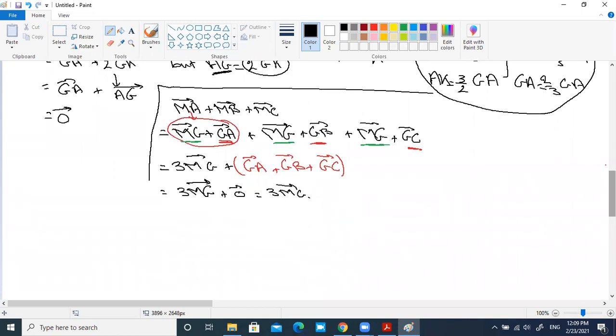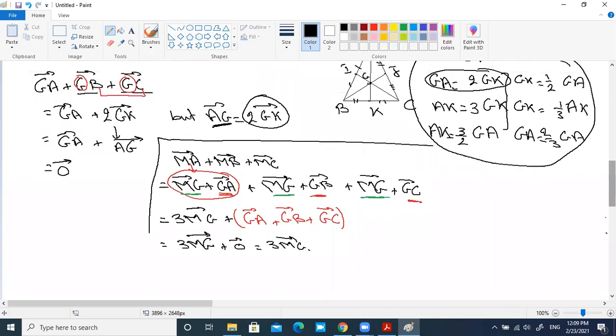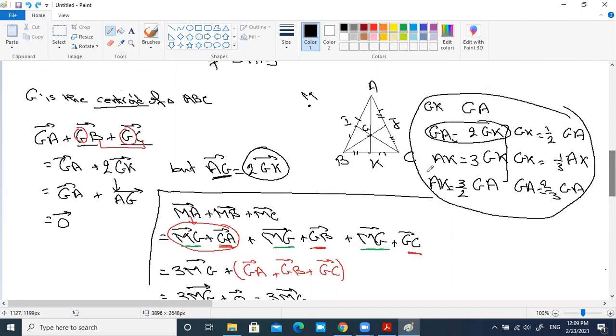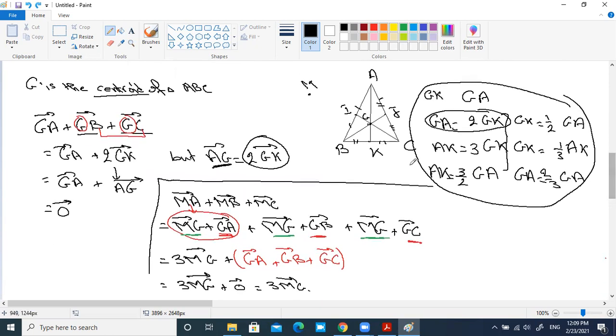So here, if you have any point M on the plane, MA plus MB plus MC is equal to 3MG, where G is the centroid of triangle ABC.